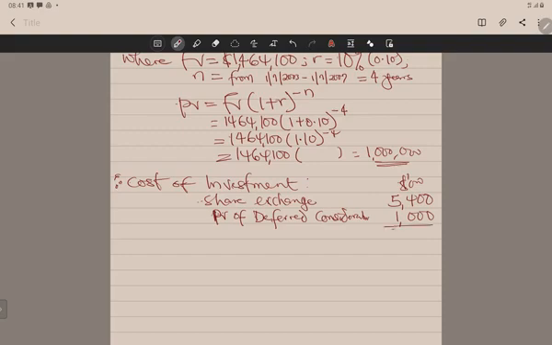So if you add 1,000 to 5,400, that is 6,400. That 6,400 is your cost of what? Investment. Is that taken? After this, you now add NCI value at date of acquisition.